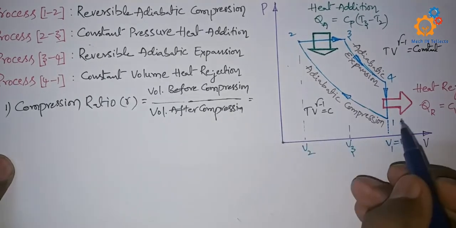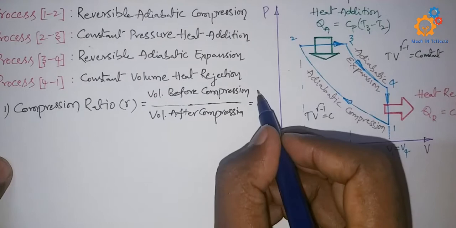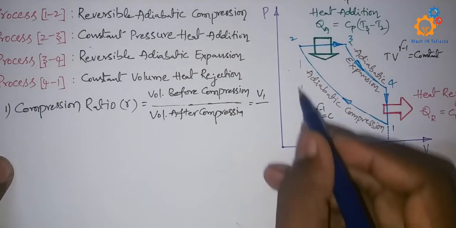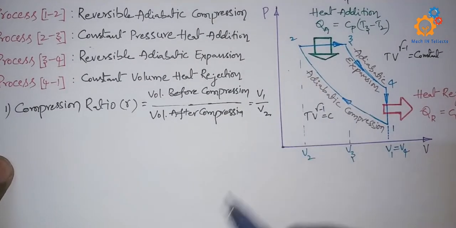That means before compression we have volume V1 and after the compression we have volume V2.